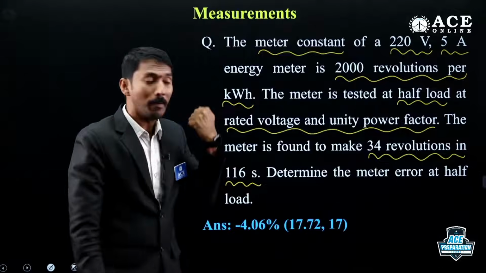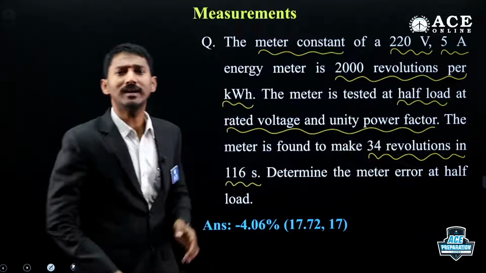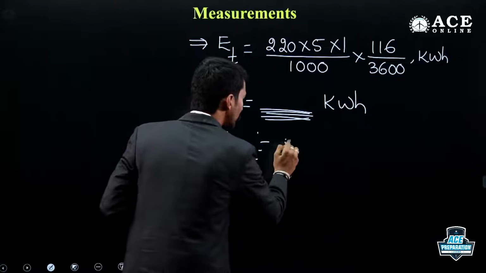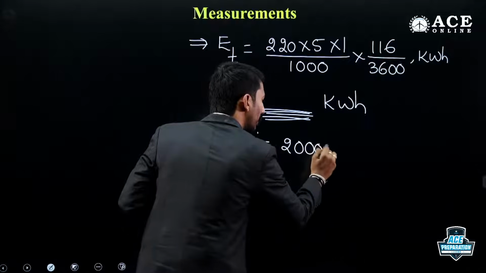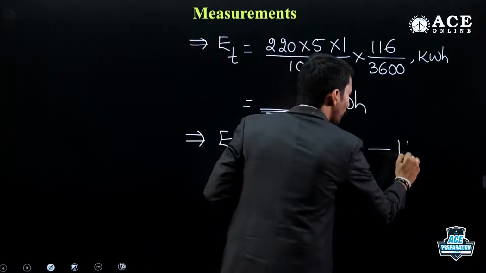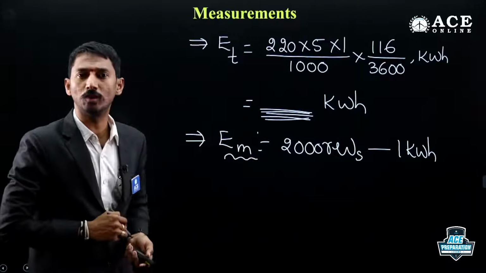That is the rating. 2000 revolutions give 1 kilowatt hour.